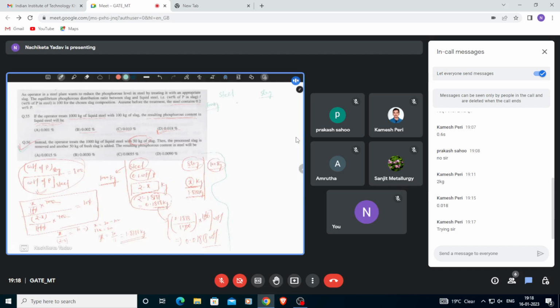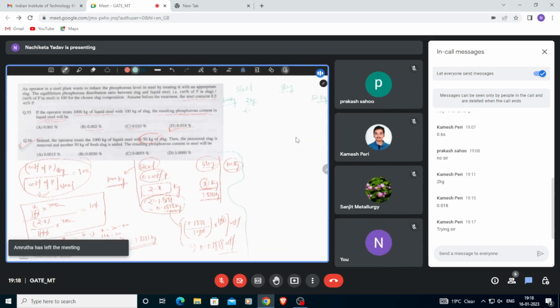Suppose early it was 0.28% phosphorus, so 2 kg of phosphorus in steel, and we treat it with 50 kg. So suppose 2 minus y kg of phosphorus goes in slag. Can you tell me the y amount? What is the amount of y?